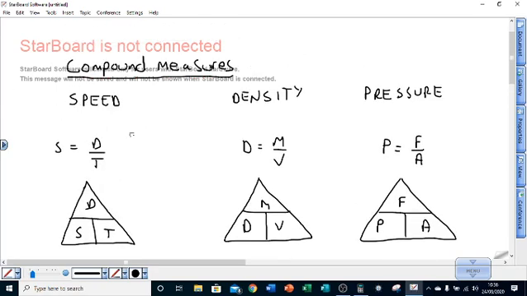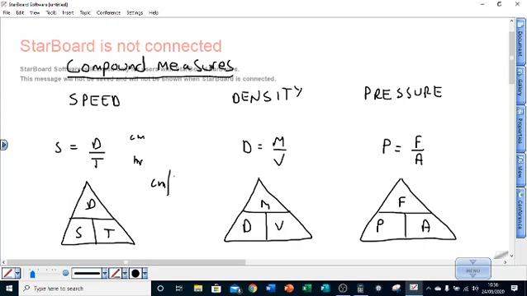So that's how you can get these different formulae, and that's how these triangles are used. So you now understand why they're called compound measures, because you're using two different types of measure. So for instance, if I measured a distance in centimeters and a time in hours, then the units for that answer of speed will be centimeters per hour.